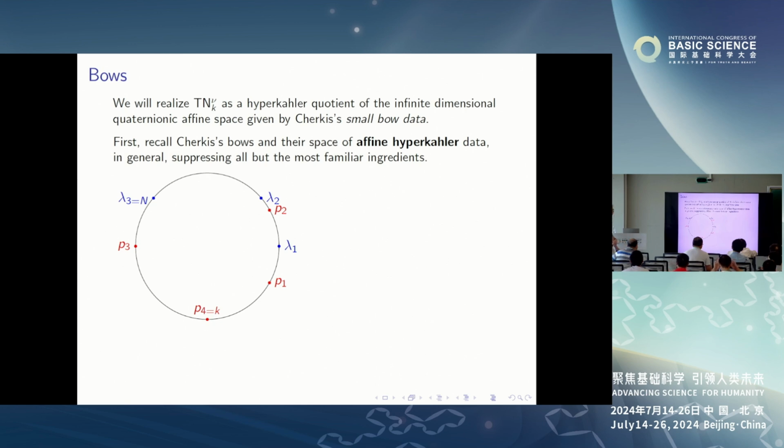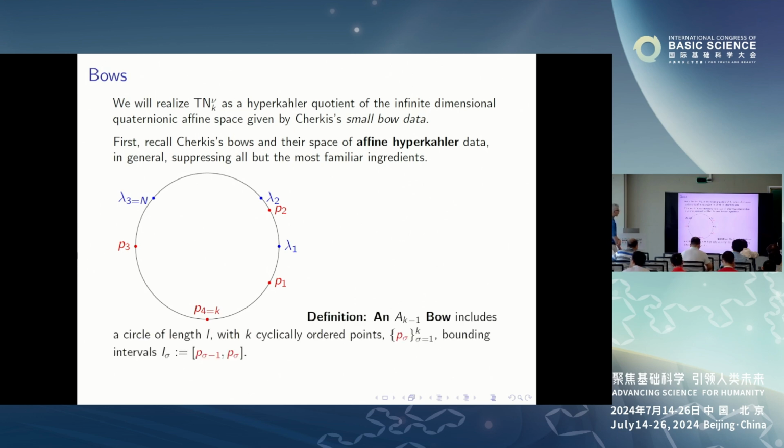So we're going to have some circle of, say, length L. And on that circle, we're going to have k marked points, which I'm calling P1, P2, P3, and my k is equal to 4 in this picture. Between those k points, we'll have intervals I sigma going from P sigma minus 1 to P sigma.